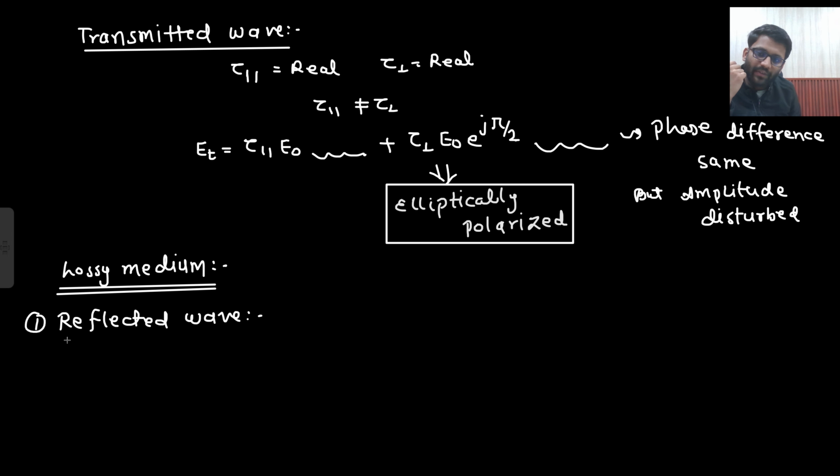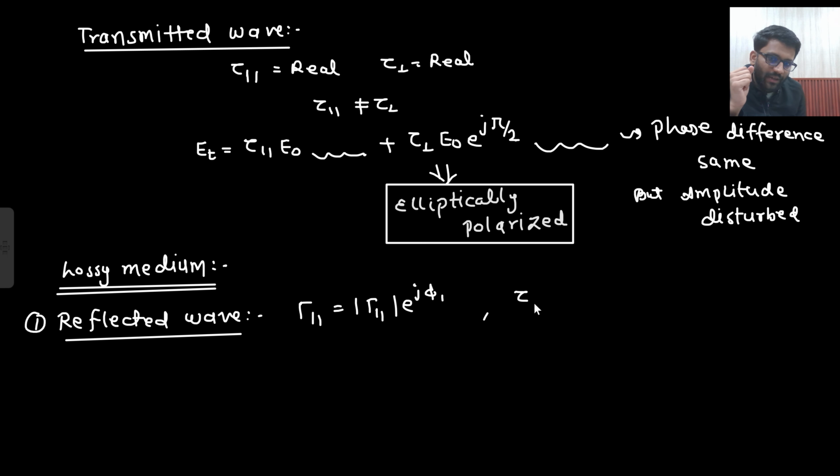In the reflected wave, this will have some magnitude, and it will have a phase as well. And your reflection coefficient will have a magnitude and a phase as well. That phase will also be different. So now both your amplitude and phase will be disturbed.